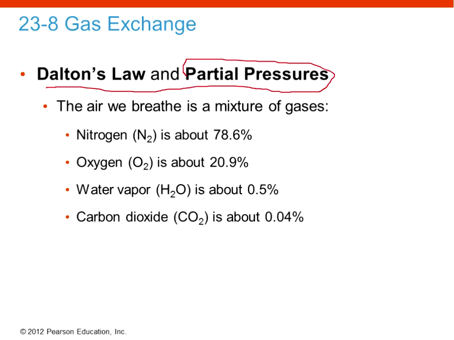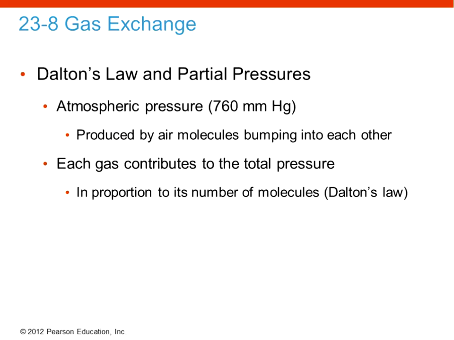This states that the air we breathe is essentially a mixture of gases, right? Nitrogen, oxygen, water, CO2. The vast component of that is nitrogen that's in our atmosphere, the air we breathe. But about 20% of that is oxygen, okay? And so based on that, atmospheric pressure is about 760 millimeters of mercury.